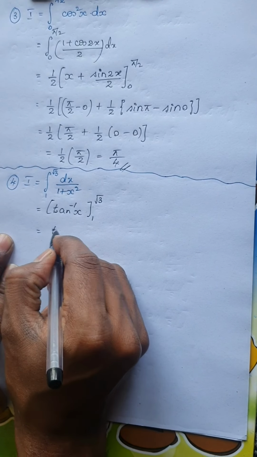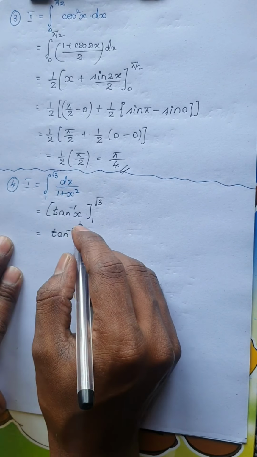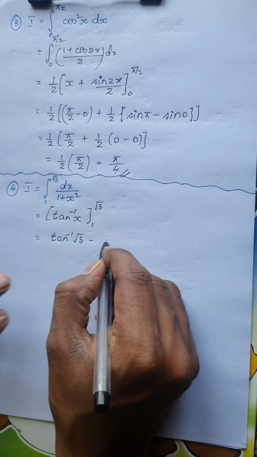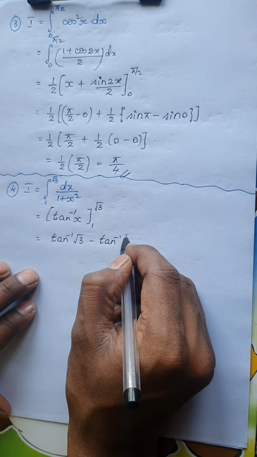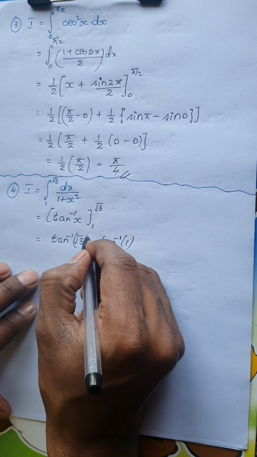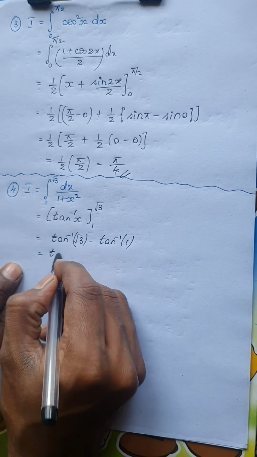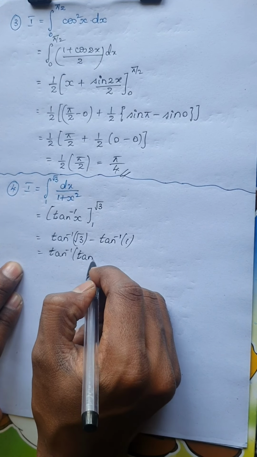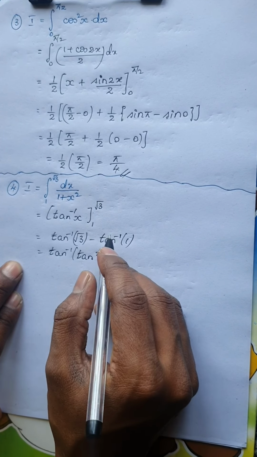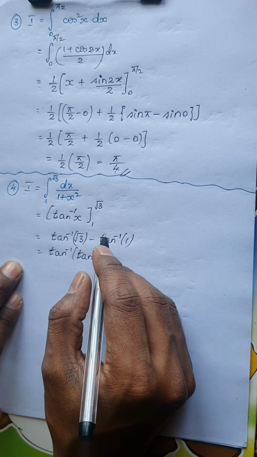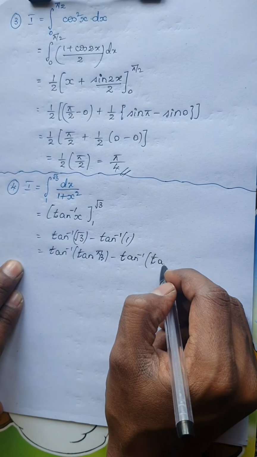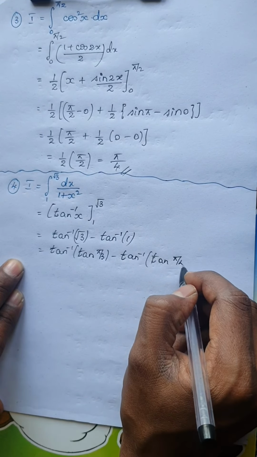So apply the limits now. This is tan inverse of, what is the upper limit? So root 3 minus tan inverse of 1. Let us use the standard values. This is tan inverse of, tan what value is root 3? We know this is tan pi by 3, isn't it? Tan pi by 3 is root 3, minus tan inverse of, we know tan 45 is 1, so it is tan pi by 4.